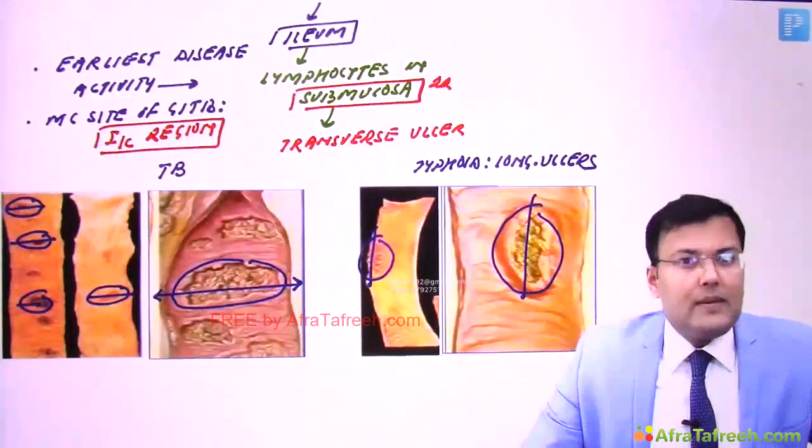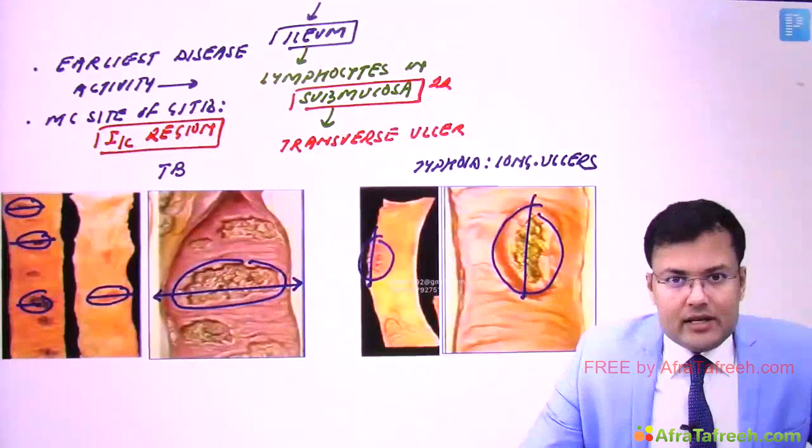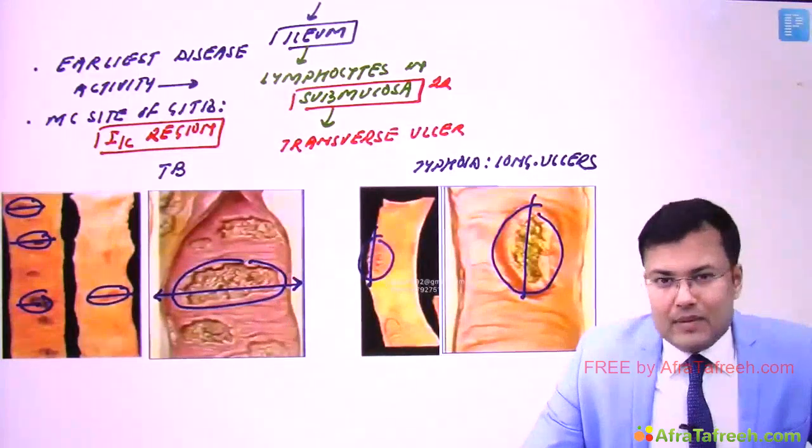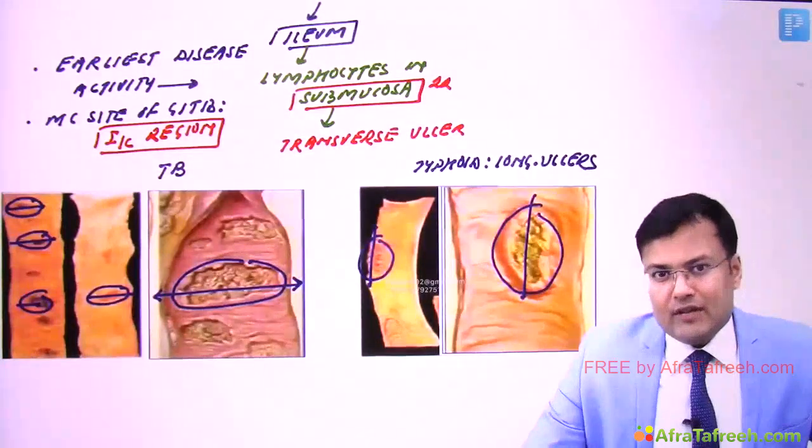So see the pathological types. There are three types of gastrointestinal tuberculosis. What's the most common type? Ulcerative variety. Second is hyperplastic variety, and third is sclerotic or fibrotic variety.